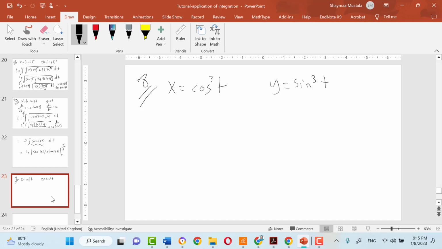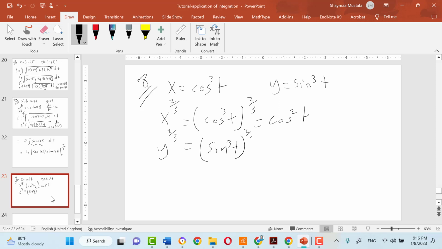So to find the Cartesian equation, take x to the power 2 over 3, which will be cosine cube t to the power 2 over 3, which is cosine square t. Y to the power 2 over 3 is equal to sine square t, because y is equal to sine cube t.